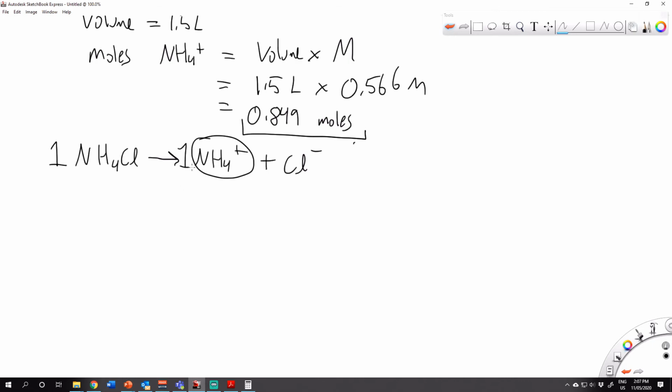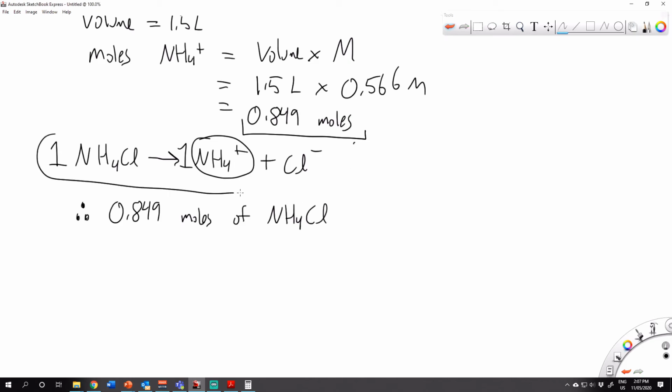Well, we have a 1-to-1 ratio, so we have 0.849 moles of NH4Cl, as our balanced equation shows the relationship between the moles of NH4+ and the moles of NH4Cl.